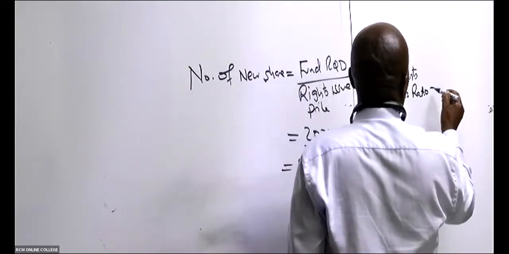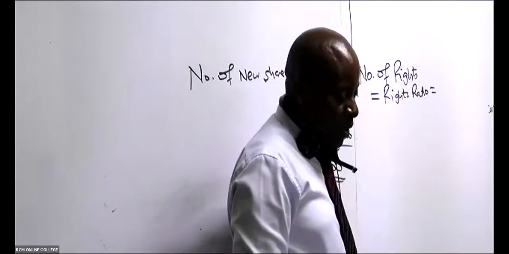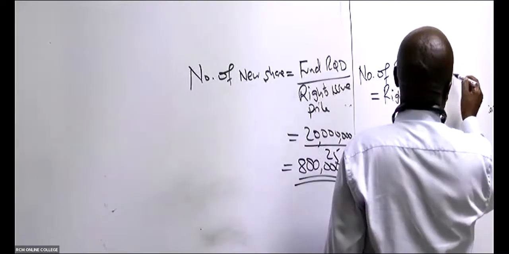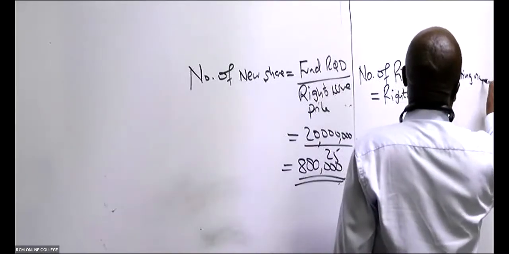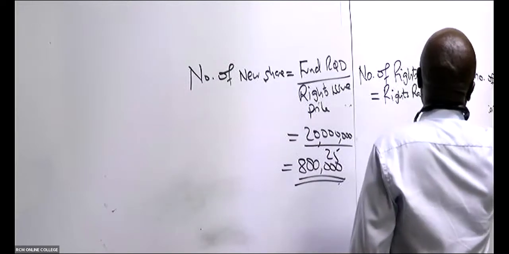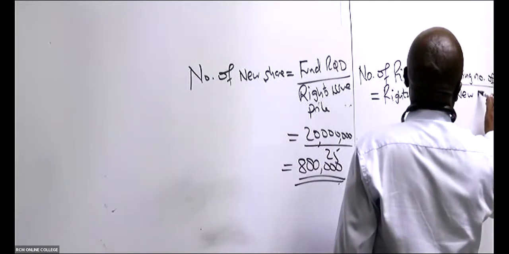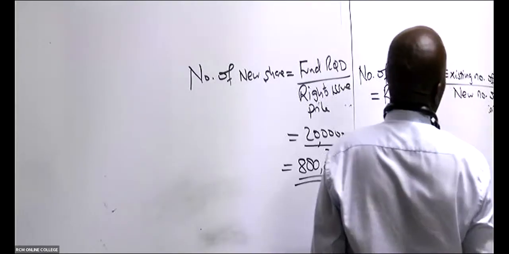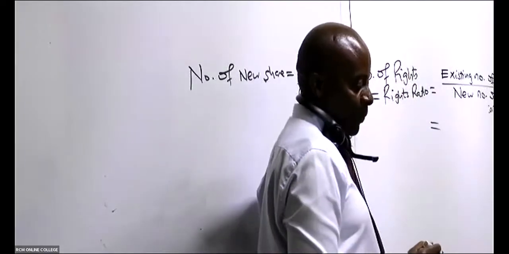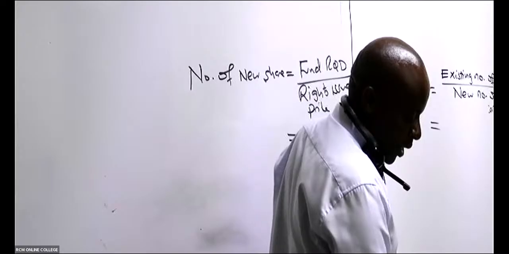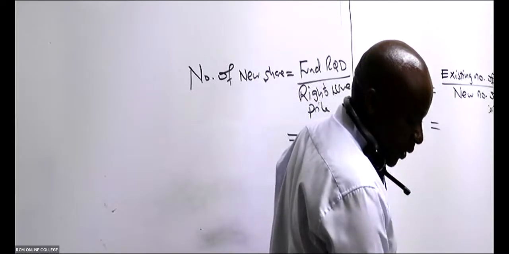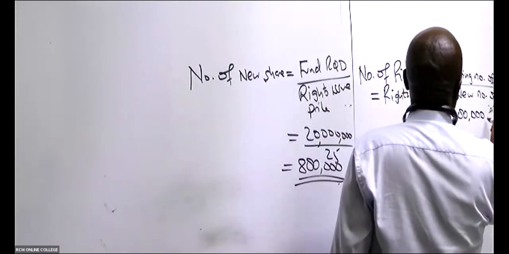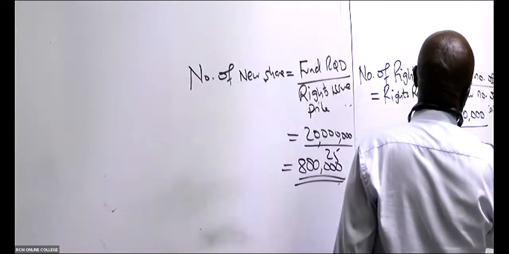To get the rights ratio, we normally take the existing number of shares, all over the new number of shares. So the existing number of shares, how many are they? 2.4 million, isn't it? Divided by the new number of shares that you've just gotten here, which are?